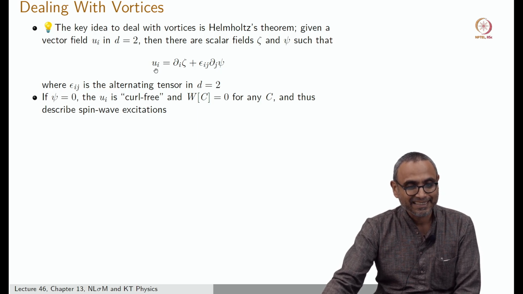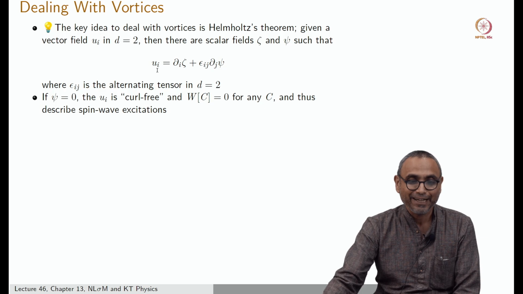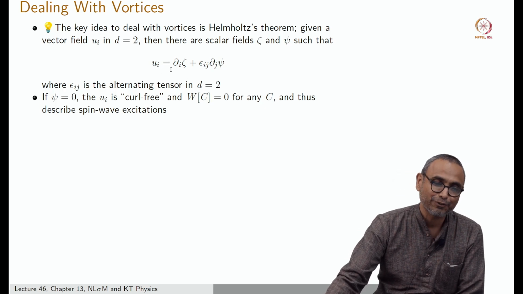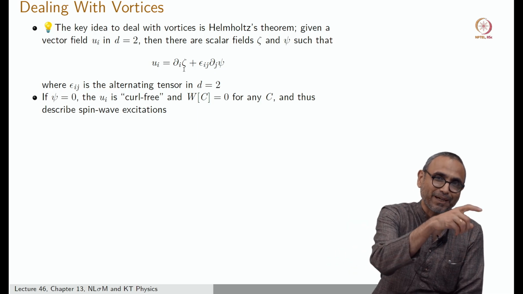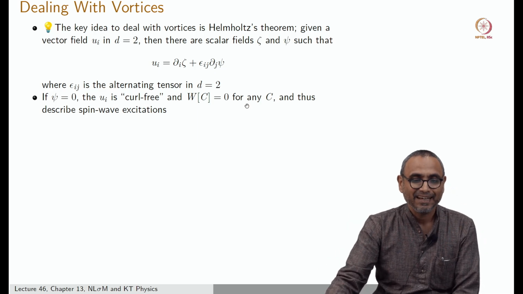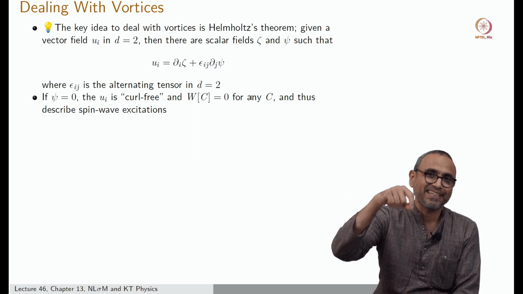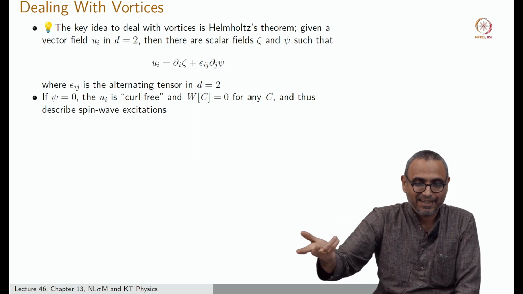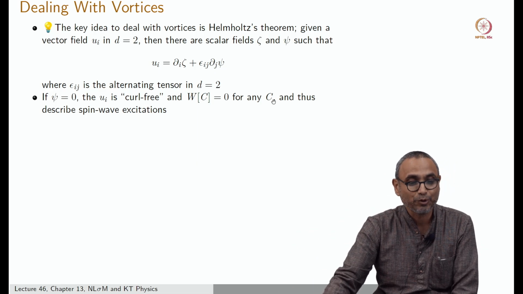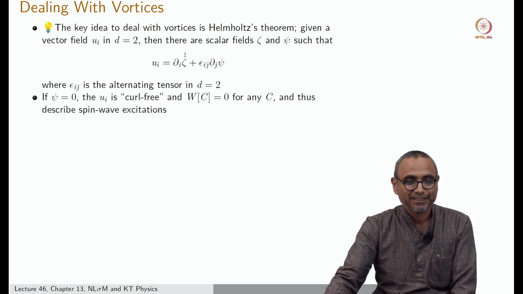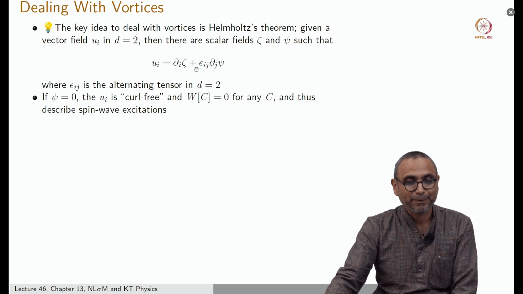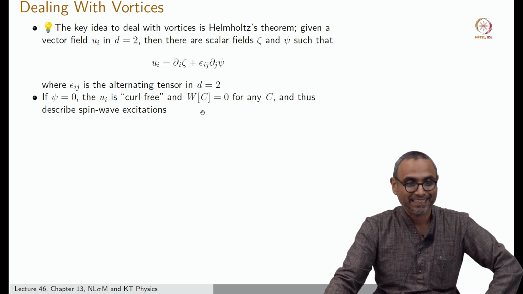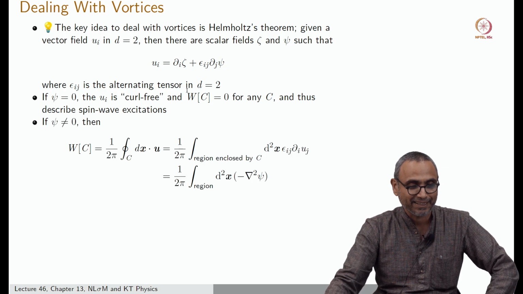Then this u_i is curl free, and you can see that this velocity field looks like d_i of zeta. So zeta is simply a proxy for my phi, right? And you will see that for any contour C, if I do the integral, I will get 0, and this is how you describe the spin wave excitation. So this piece describes the spin wave excitation, and this piece will describe the vortex excitations, as I will show you momentarily.